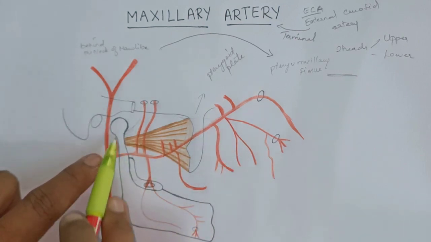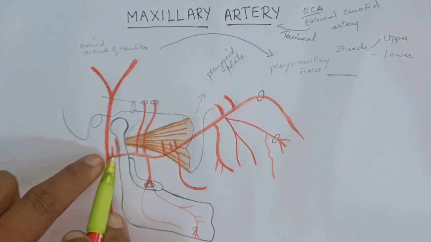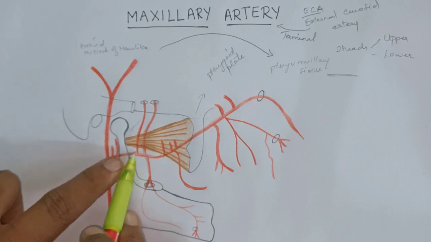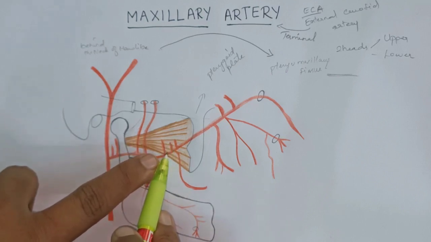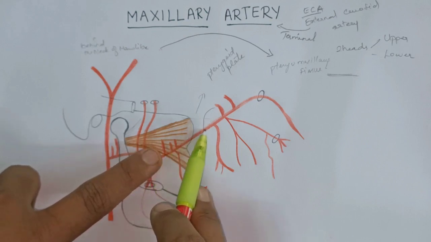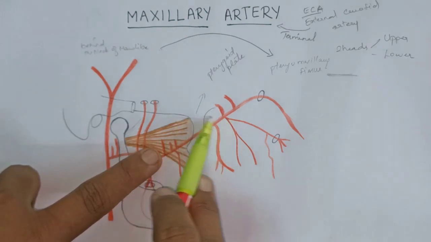Your first part is your mandibular part. This mandibular part is the maxillary artery arising behind the neck of the mandible to the lower border of the lateral pterygoid muscle.